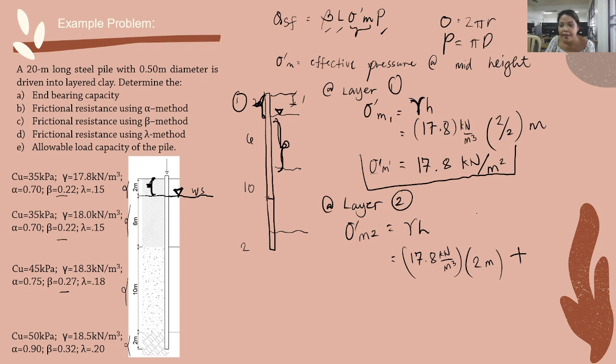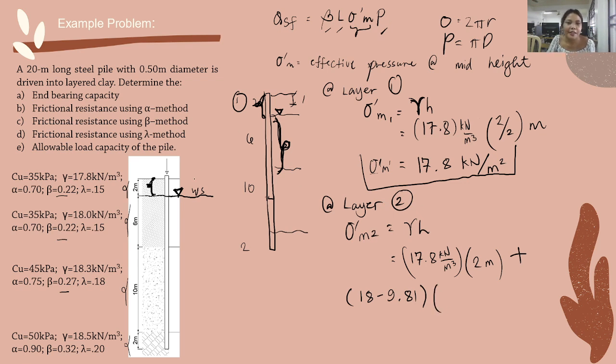And then plus, the effective stress naman of this layer. Okay? To get the effective stress of that, you have to multiply the unit weight, dry unit weight. So, 18 minusan mo siya ng 9.81 kilonewton per cubic meter dahil may containment siya ng tubig. So, nagbabawas siya na.